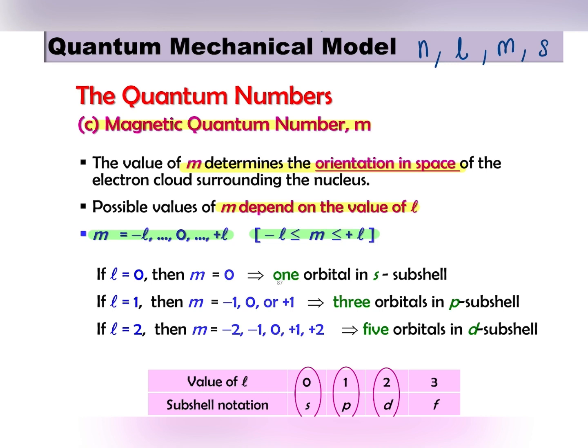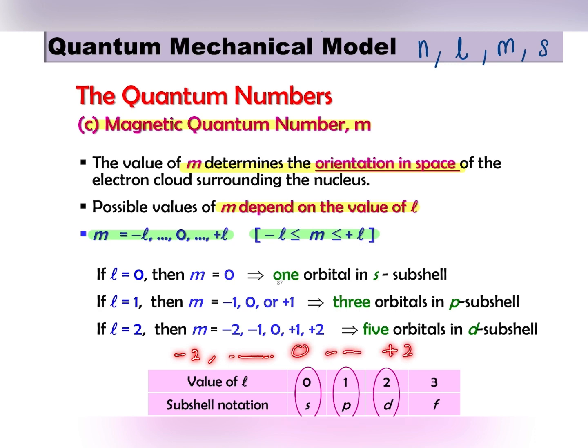So if the value of L equals to 1, M will be negative 1, 0 or positive 1. So ada 3 orbital dalam P subshell. So if L is equals to 2, means you will start from negative L, 0, positive L. So if L is equals to 2, M dia akan ada value negative 2, 0, positive 2.